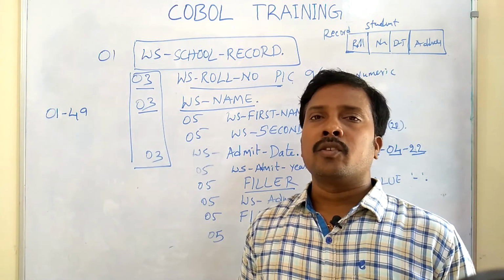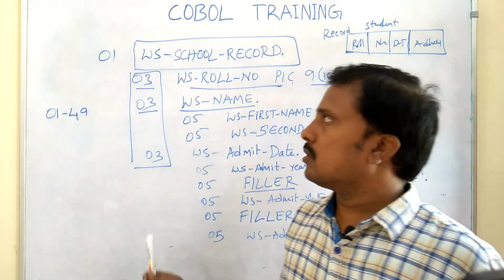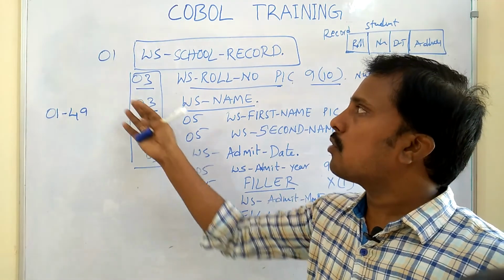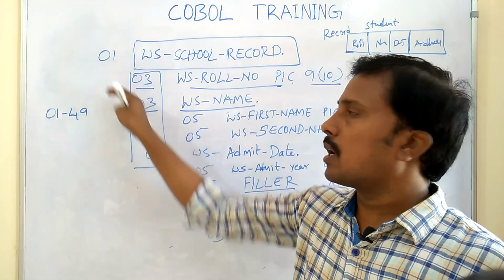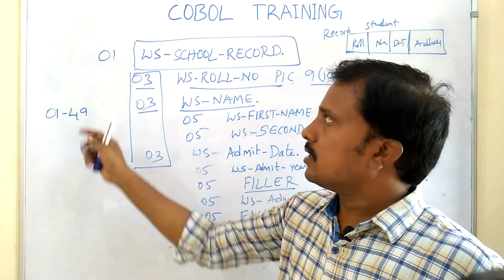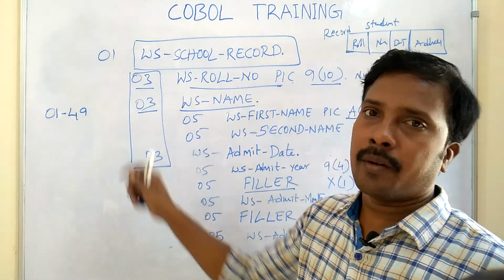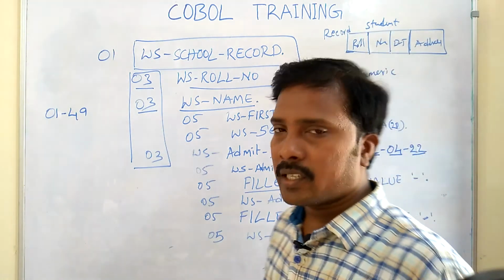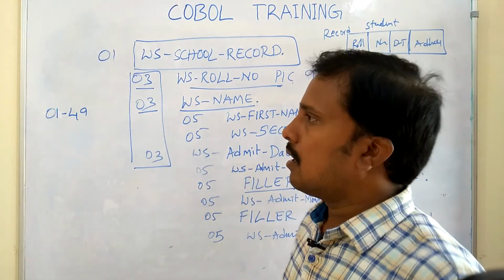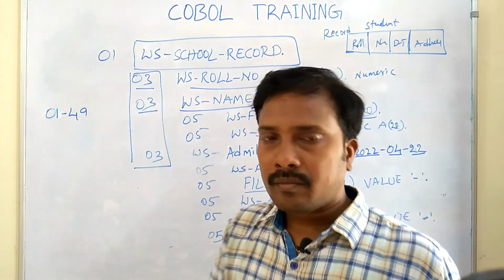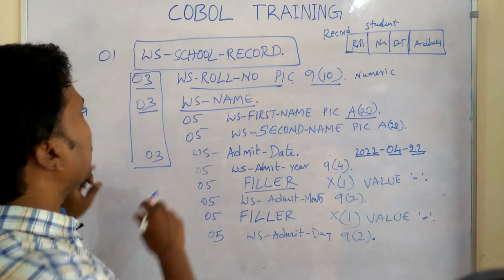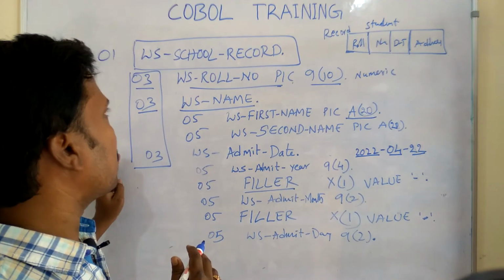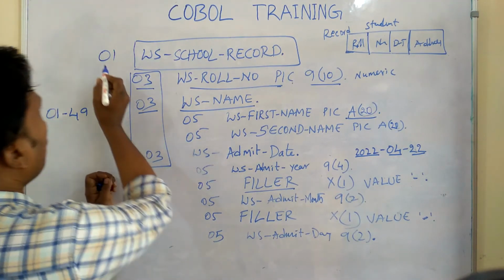With this we can conclude that while declaring the variables in the data division, working storage section, we have to follow the level numbers top down, like 01, with increasing numbers, and also the columns.